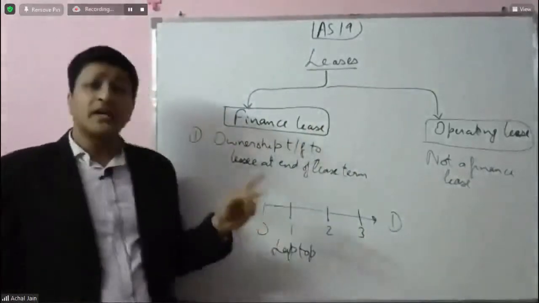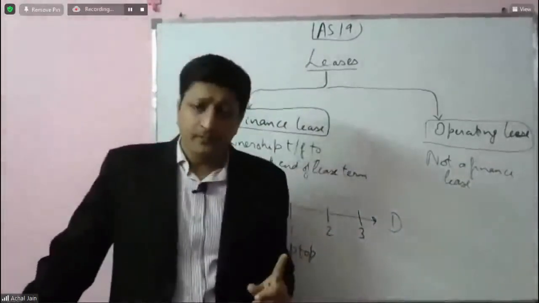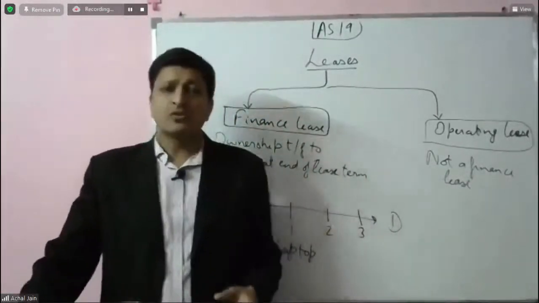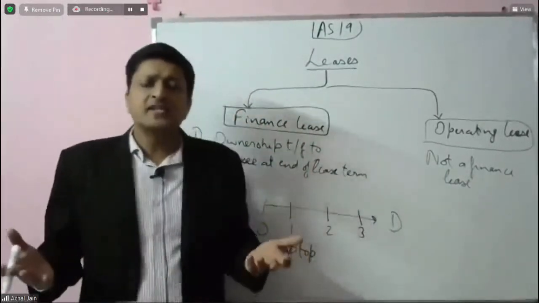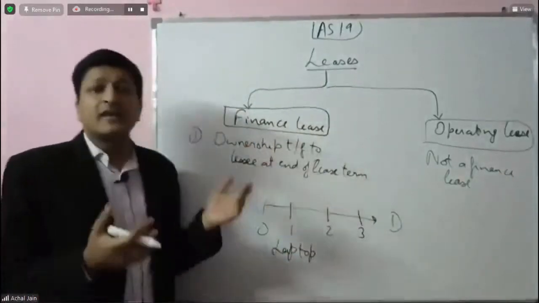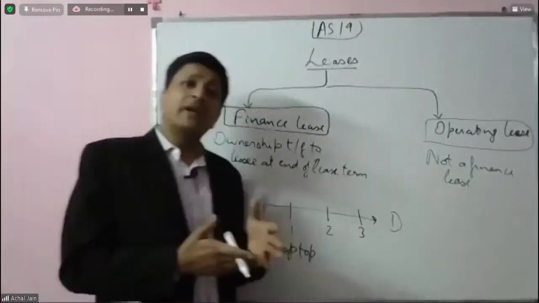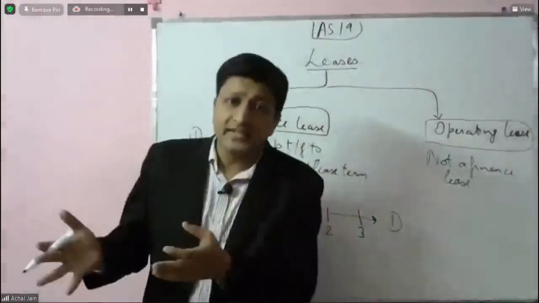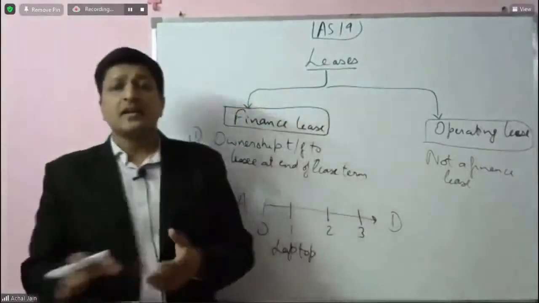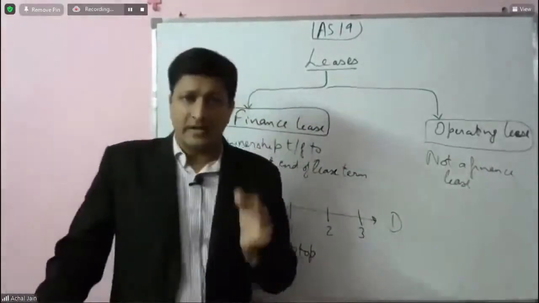Ownership will not come on day 0 to D. No. It will come at the end of the lease term. So effectively, it implies that the risk and rewards have been transferred to D. It's just that it's been colored in a different manner.